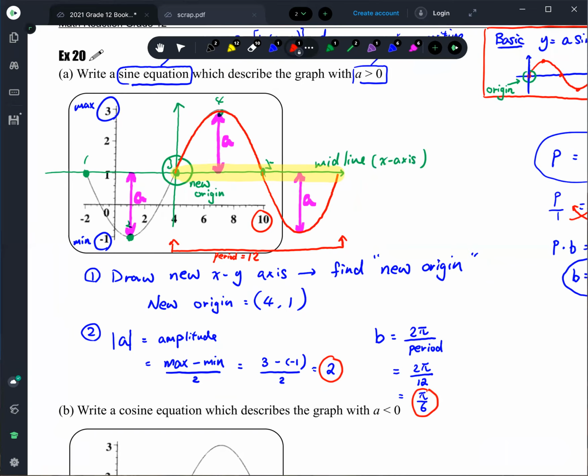Please raise your hands if you got everything up to here. So A is the amplitude. B, you need to take 2 pi divided by the period.